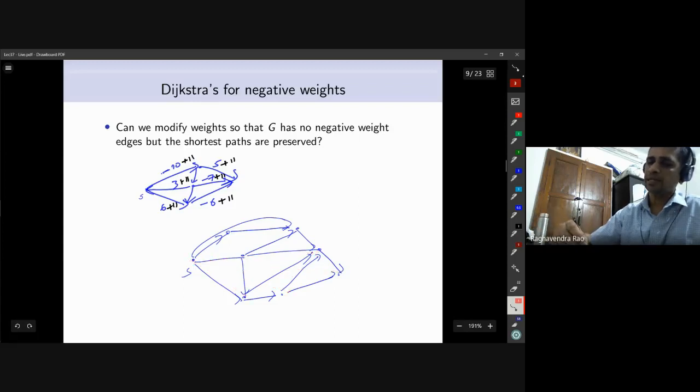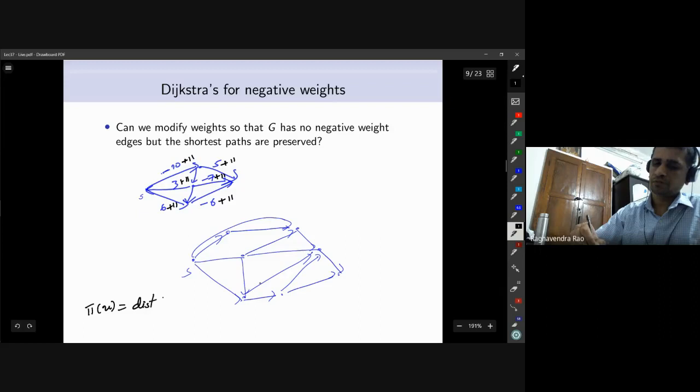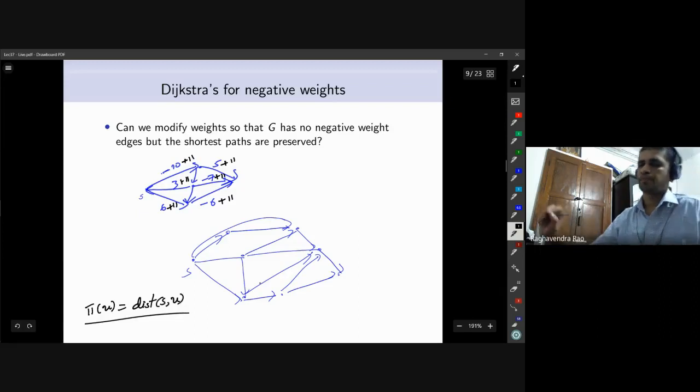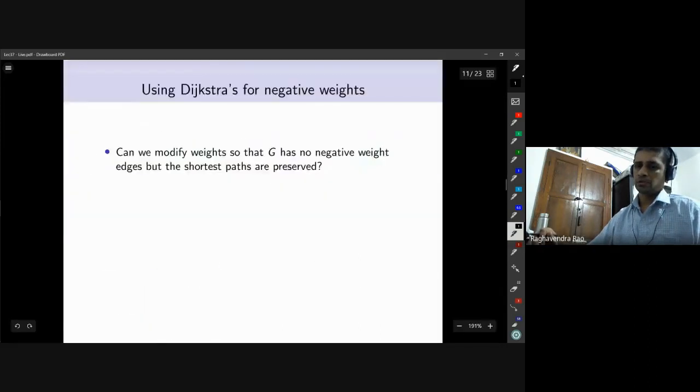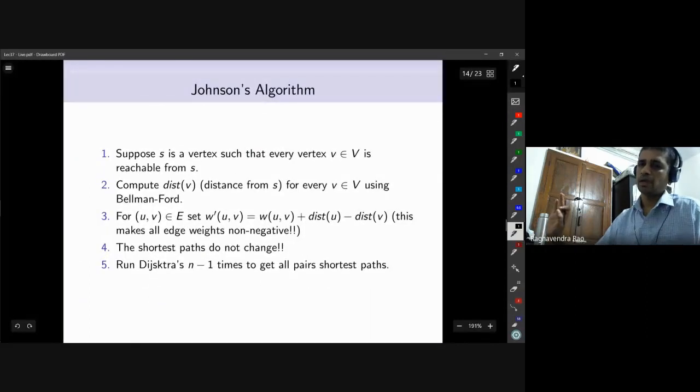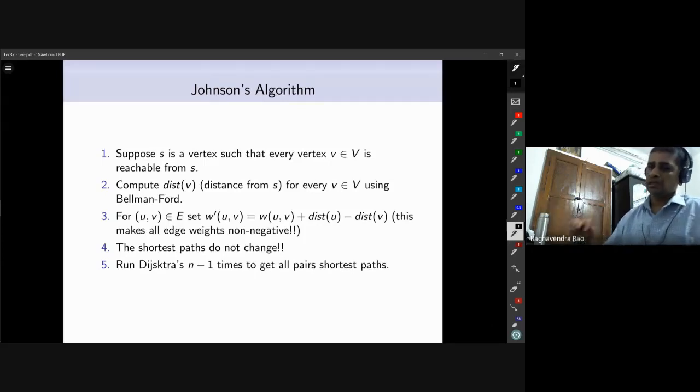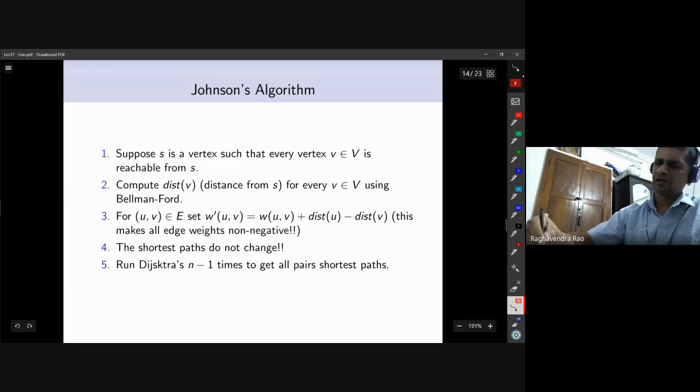So your price will be the distance from S to that vertex: pi of u will be the distance of u from S. Now come to the text. Johnson's idea is very simple. You take some vertex such that every vertex V is reachable from it. This can also be achieved by modifying the graph, but let me not discuss that. Let's fix it as S.